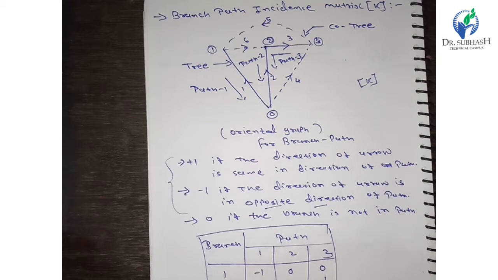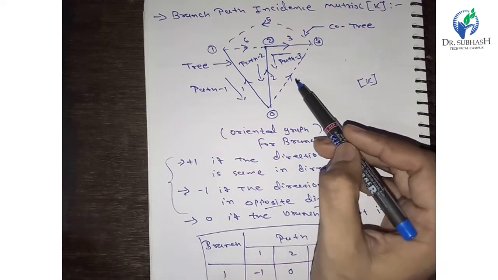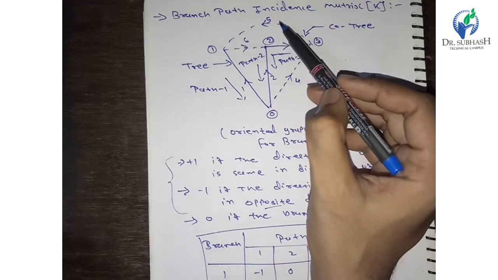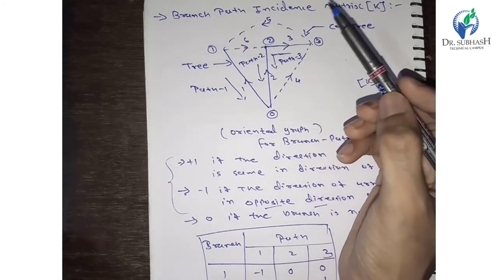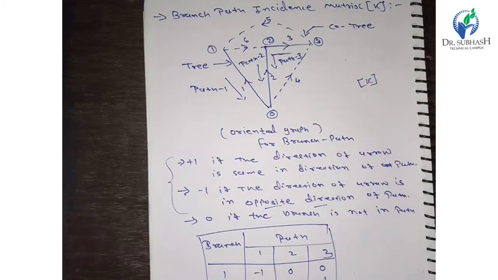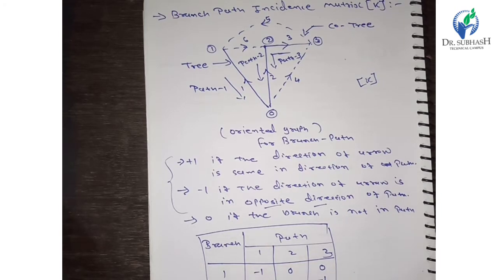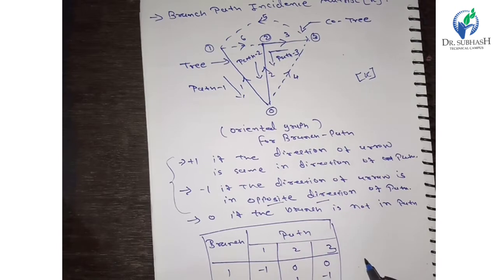In the same way, when we consider path 4, path number 5 and path number 6, and also branch 4, branch 5 and branch 6 connected with them, here is the output of the branch path incidence matrix. It is in matrix form.